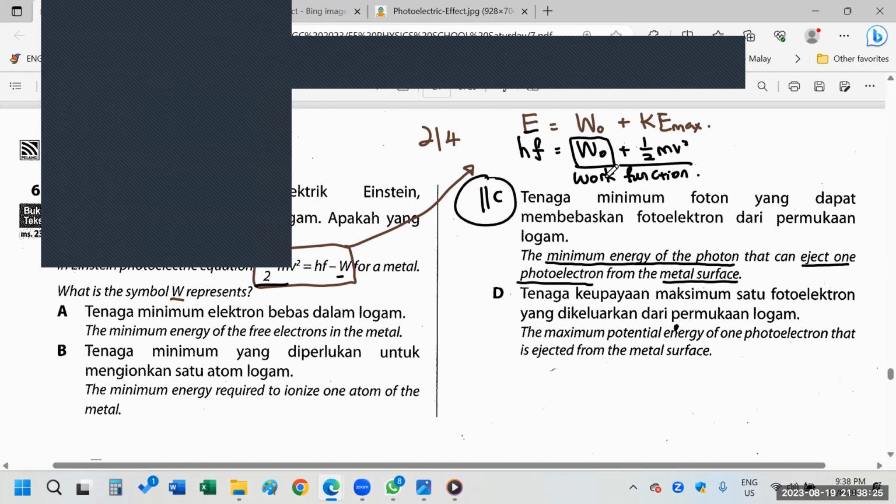Yes, the answer is C, work function. It's minimum energy. Maximum is wrong. It looks the same, but actually it is about the photoelectron, right?